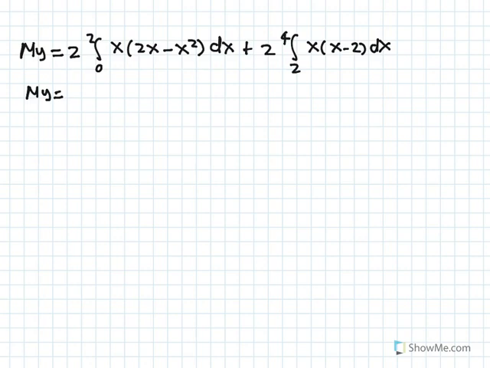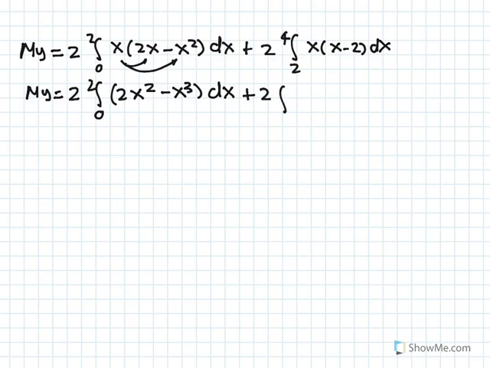The moment with respect to the y-axis is 2 times integral from 0 to 2, and multiply this x through, so we get 2x cubed minus x cubed. Sorry, this is 2x squared. Let me correct this before the error propagates. So we get 2x squared minus x cubed dx, plus 2 times integral from 2 to 4, x times x is x squared minus 2x. Put this all in brackets, integrate with respect to x.